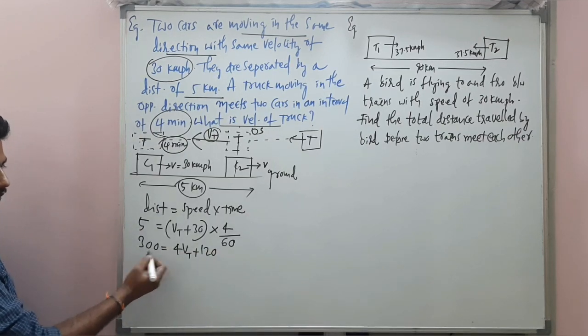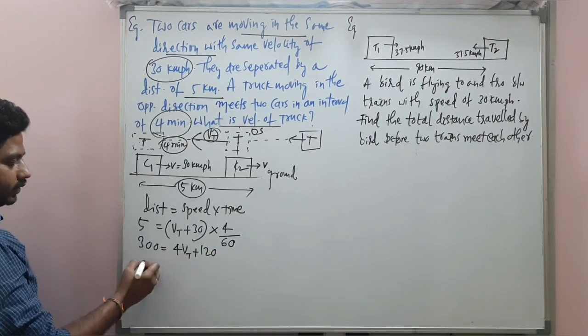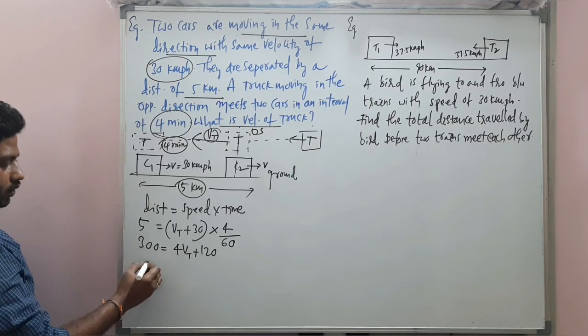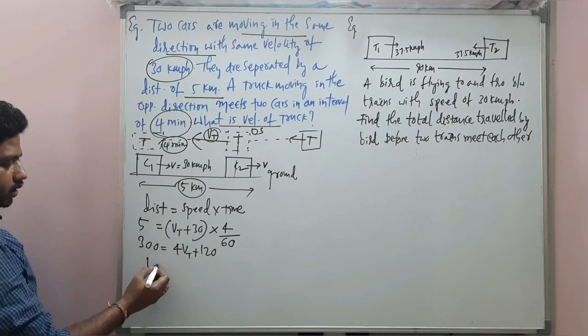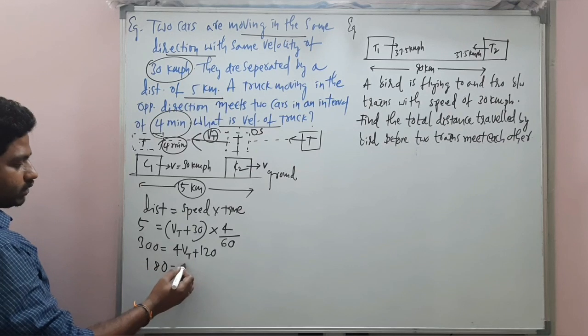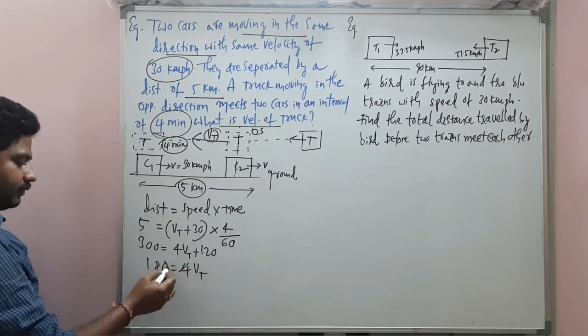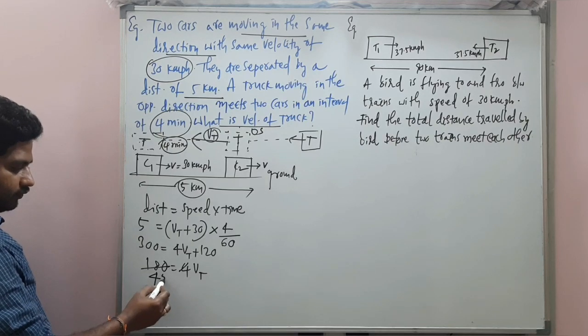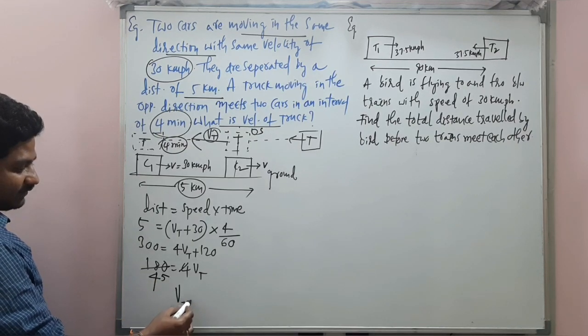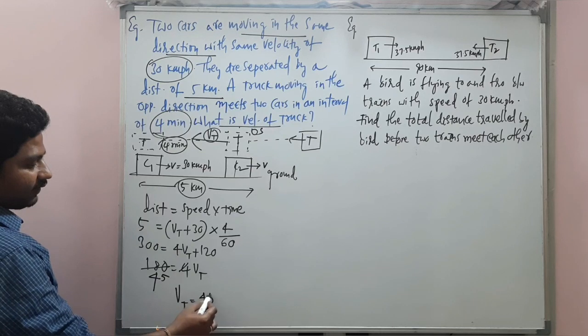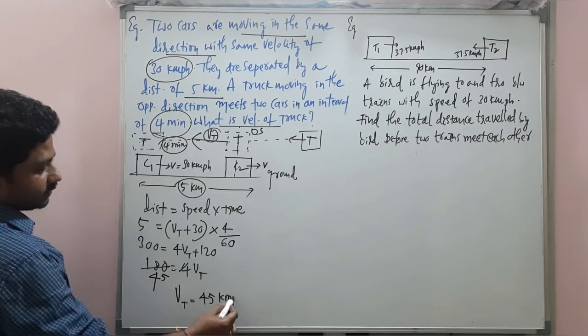So 300 minus 120 will be 180, which is equal to 4 into Vt. This is 4 4s, 4 5s. So what is the velocity of the truck here? It's 45 km per hour, my dear students.